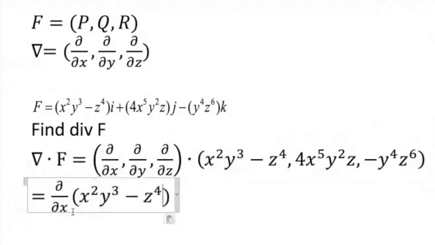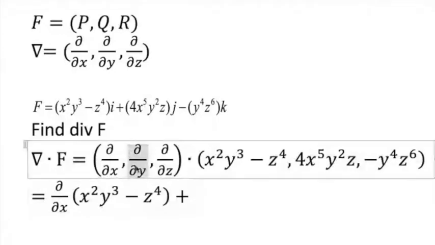Okay, like this. Plus, and the dot product actually is a scalar quantity, right? So by doing this, we'll not have i, j, k, we'll not have a vector anymore. It's a scalar quantity. So the divergence is a scalar quantity.